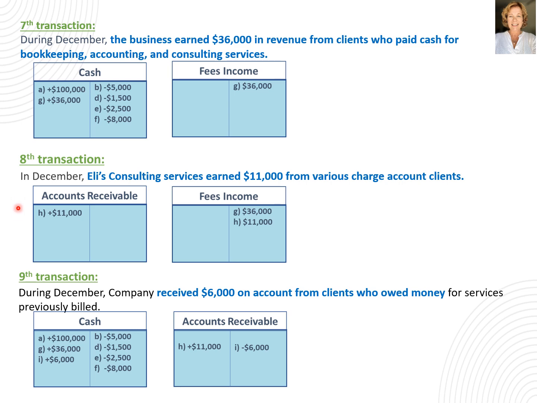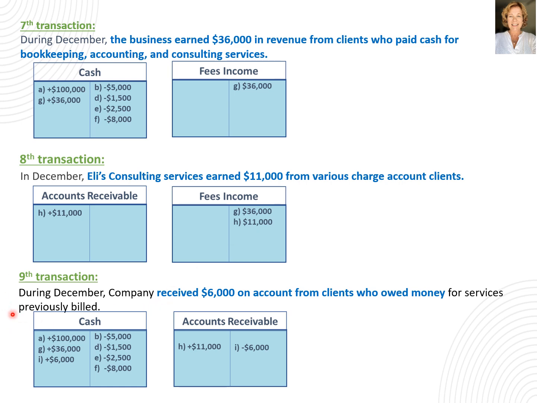Accounts receivable is an asset, increases with a debit, and therefore we're going to debit accounts receivable for $11,000 on the left side. Fees income increases just like the last transaction, with a credit of $11,000.